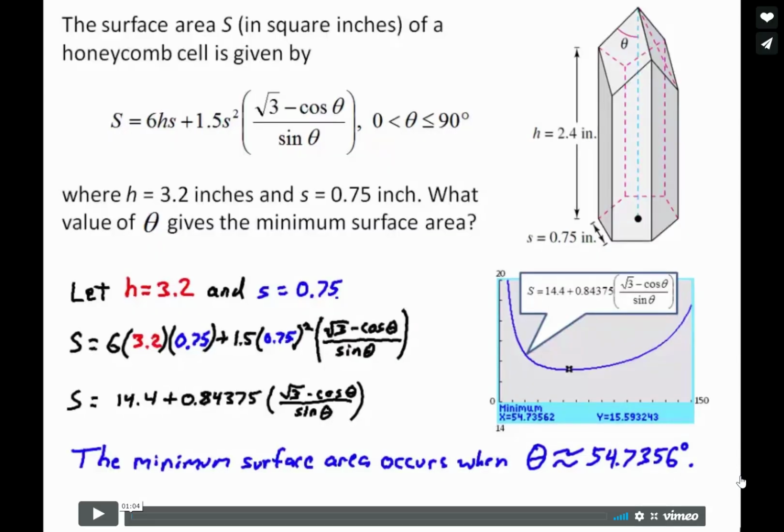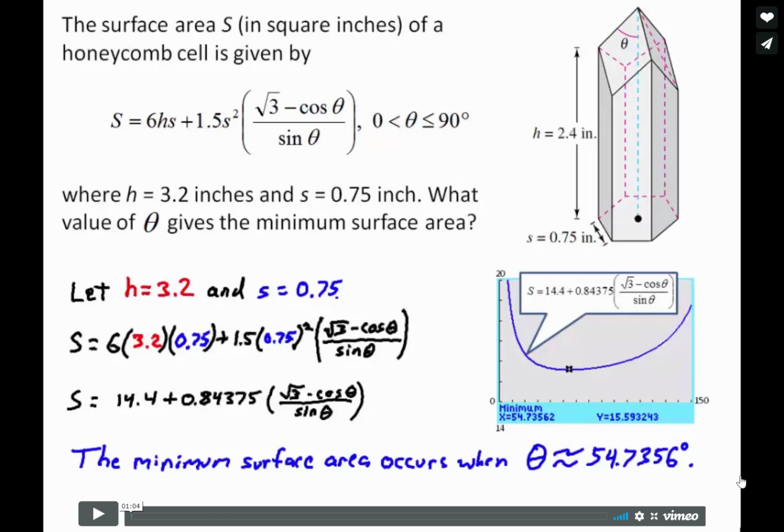Okay, so I've actually pulled this up from the website of the author of our textbook. So this is where they're using that height of 3.2 inches, as you can see, and of course the cell side, which is still 0.75. So when we put this in our equation formula, you have 6 times HS, so that's 6 times 3.2 times 0.75 plus 1.5 times 0.75 squared.